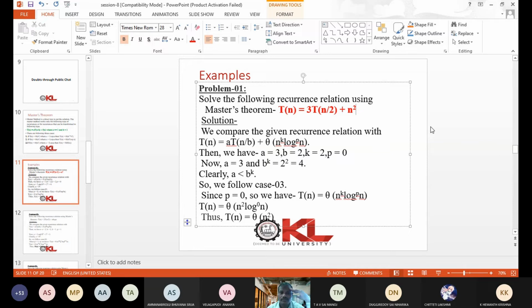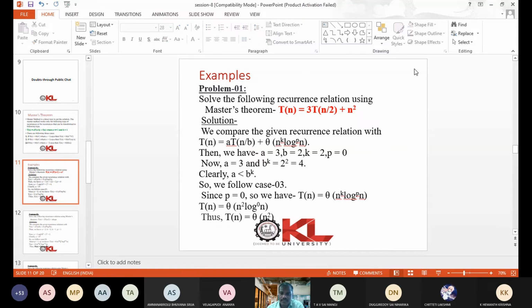Here A is 3, T of n by B, B is 2, plus f of n, and f of n is n square.